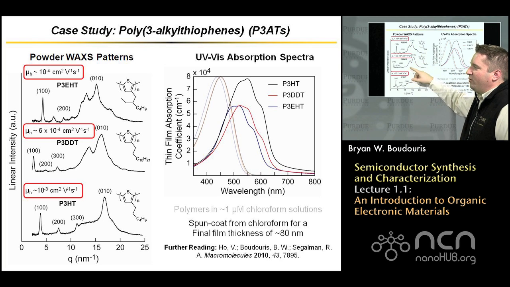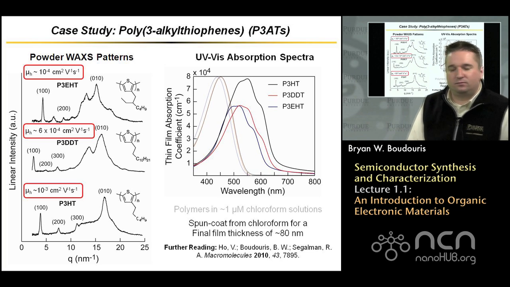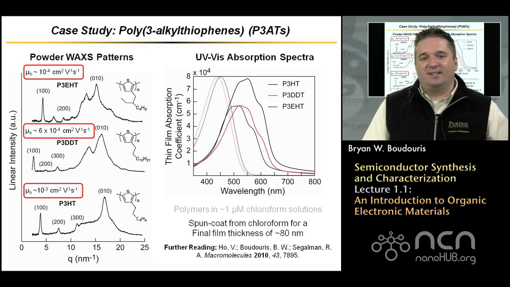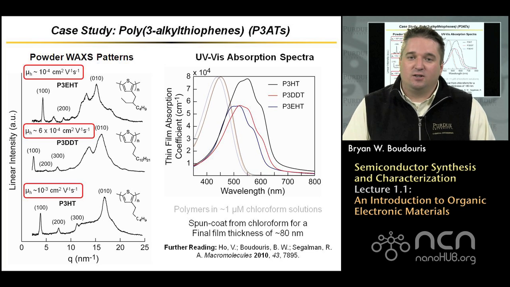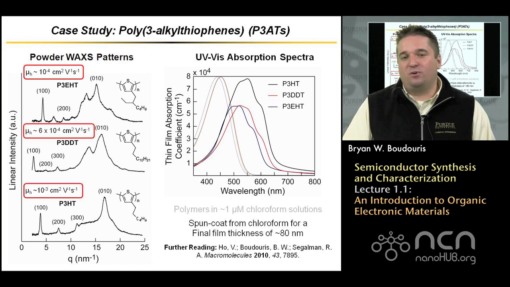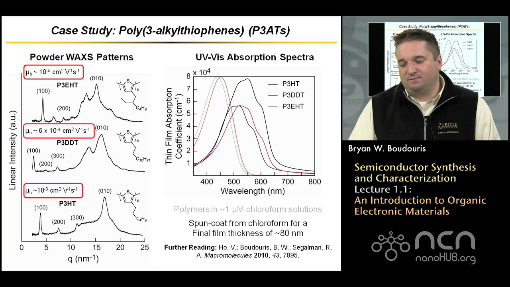It changes over an order of magnitude between 10 to the negative 3 to 10 to the negative 4, so this is lower, based on the fact that we added 2 carbons to every repeat unit of this polymer chain. So the idea that this little 2-carbon branch can change these materials is a huge deal. And we'll explain how people go about designing those and how you can use them in your own studies.